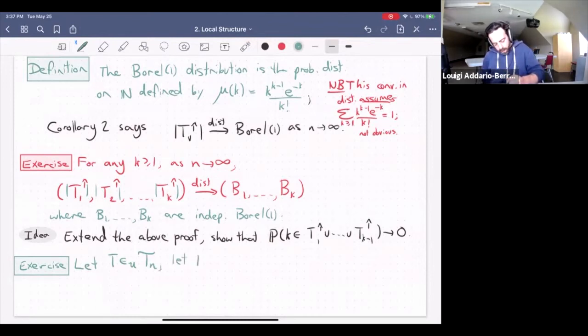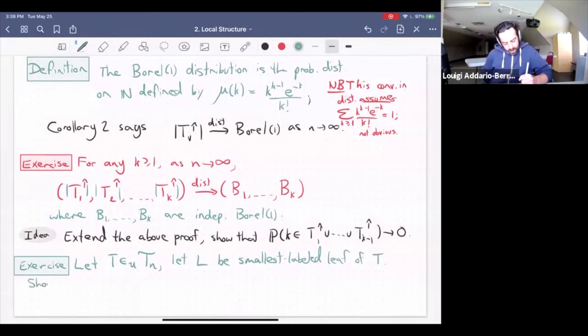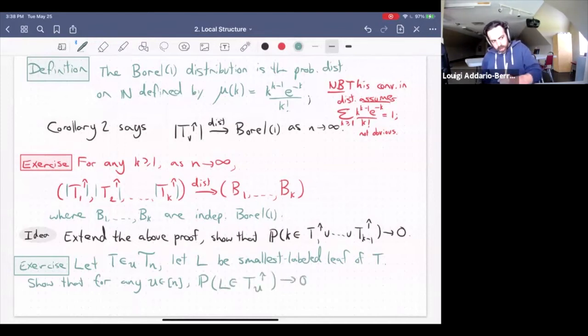So if I let L be the smallest labeled leaf of a random tree T, then I want you to show that for any fixed vertex u, the probability that the smallest labeled leaf is in the subtree rooted at u tends to 0 as n tends to infinity.